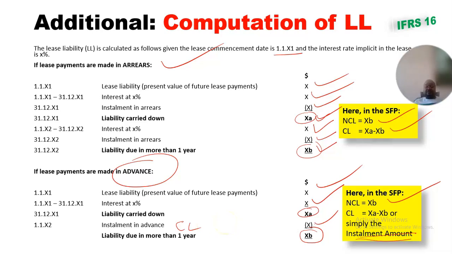And somebody says, here now, I'm lost. Just memorize that if installments are being paid in advance, the current liability is the installment amount. That's the current liability. You are home and dry, and you pass your MCQ question.